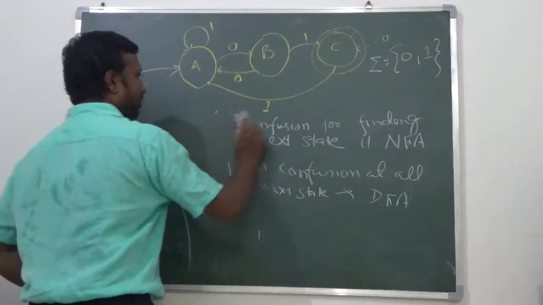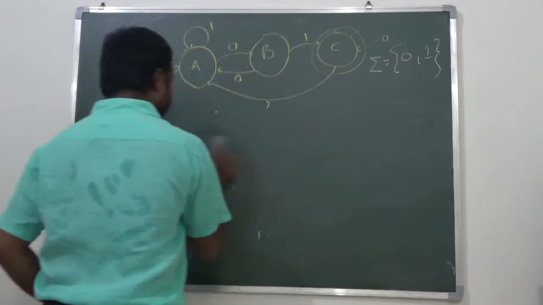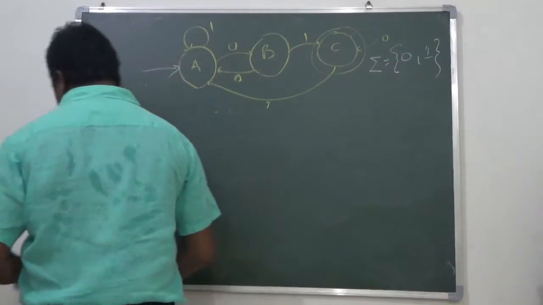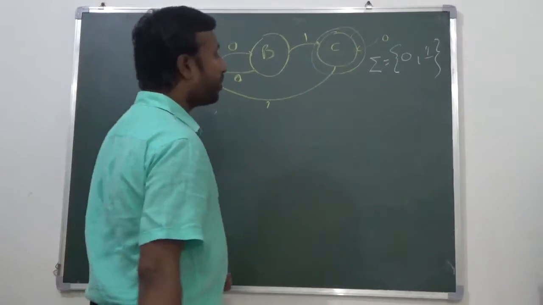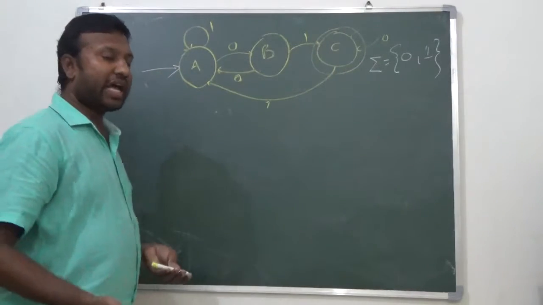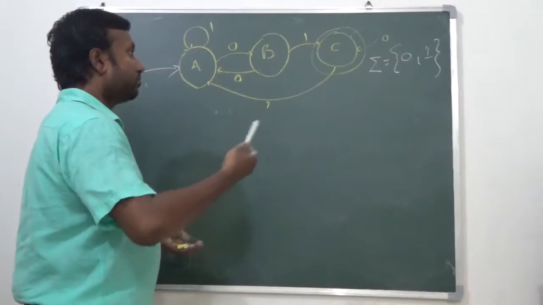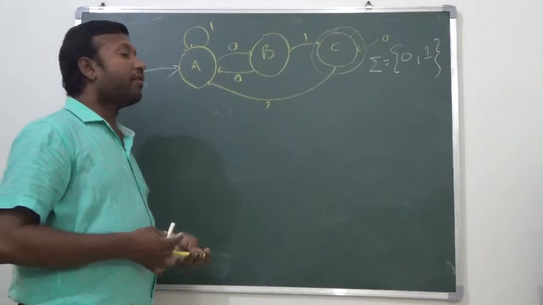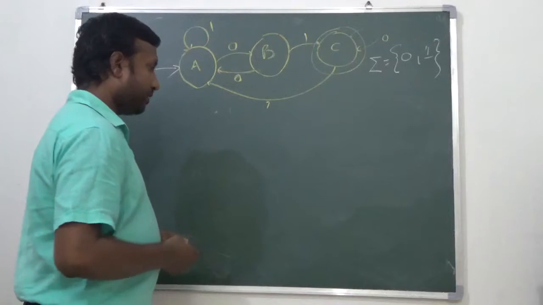The deterministic finite automata is again a machine which is solving some problem, but the way it is solving the problem is completely different from what we have seen in the non-deterministic form.